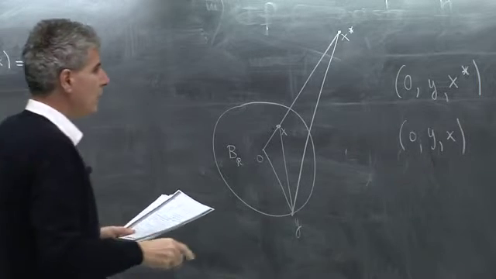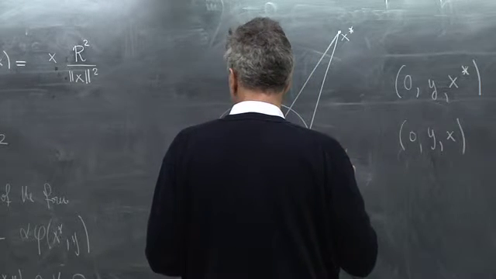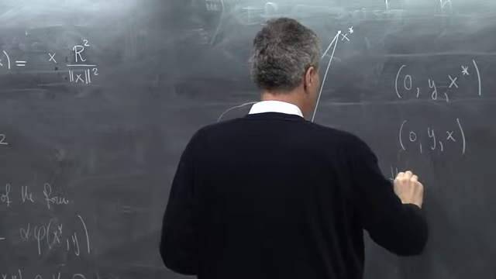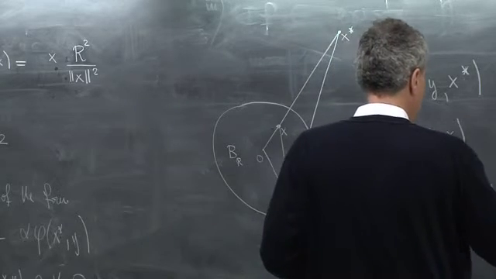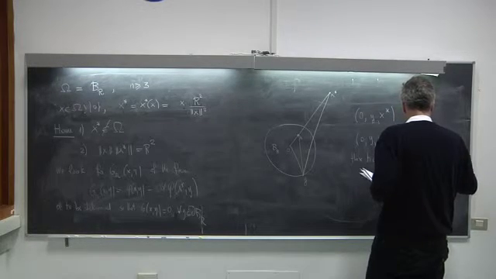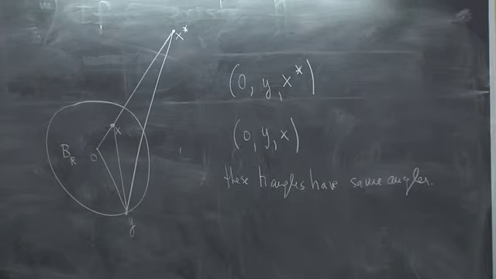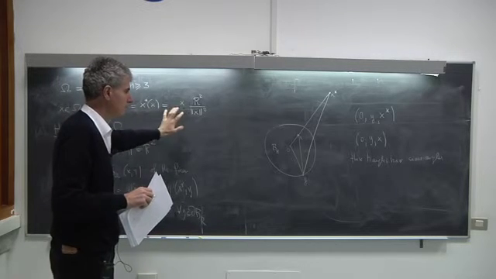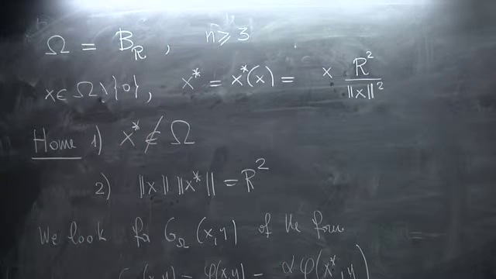Now, check that these two triangles have the same angles. Of course, you have to use this definition of X star. So they are similar. These triangles have the same angles.